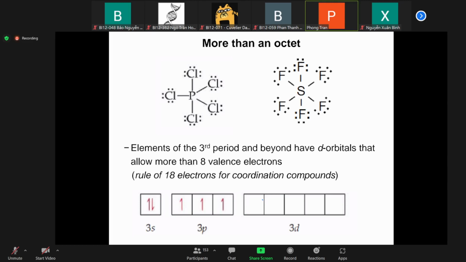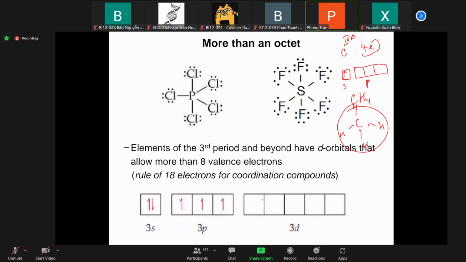When you learn organic chemistry, you start with the compound CH4. So you have 4 bonds like this, right? Why 4 bonds? Because carbon is in group 4A, which has 4 valence electrons. So with 4 valence electrons, you can imagine that you have s and p orbitals like this.